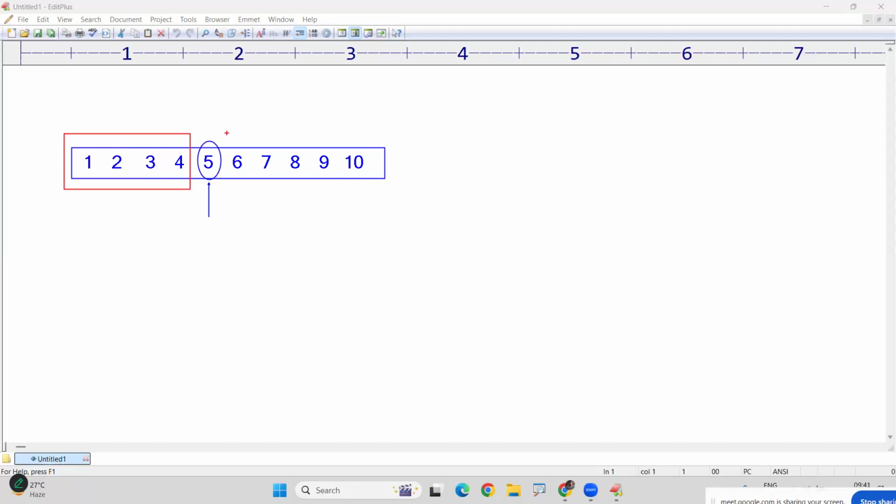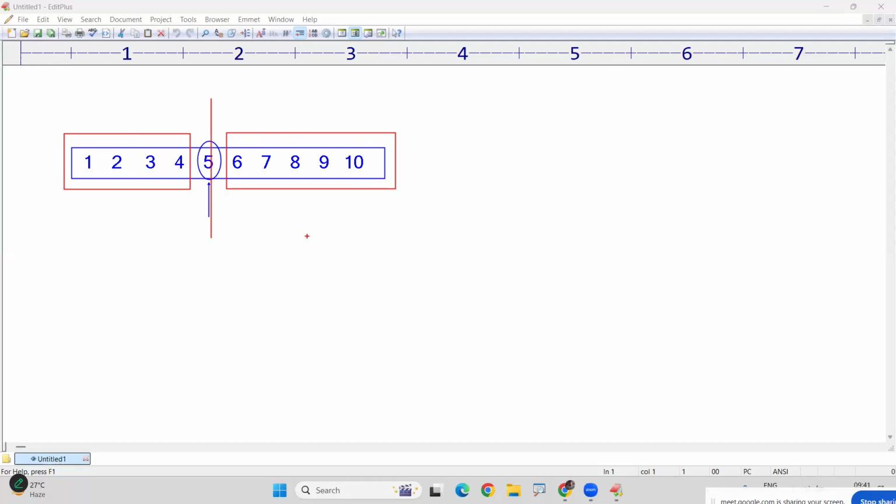If the key element is in the right side array, then it will go to the right side. Every time, with the help of the mid element, it will find out whether it will go to the left side or the right side. So that is what a binary search algorithm is.